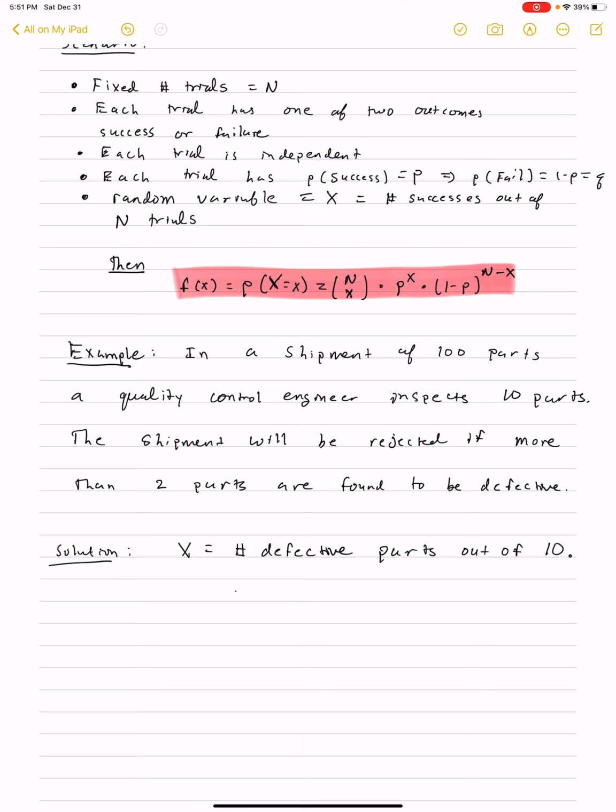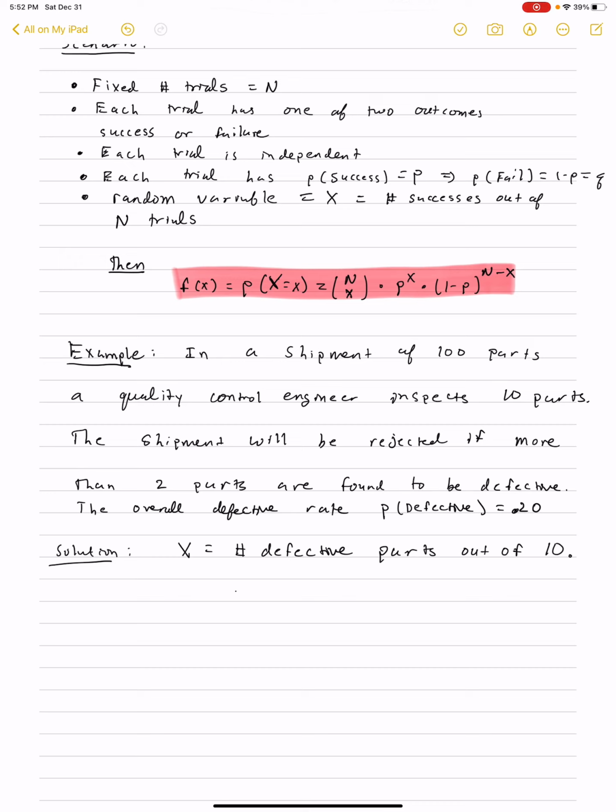Now, one more piece of information here is that the overall defective rate, probability of defective, equals 20% or 0.2.